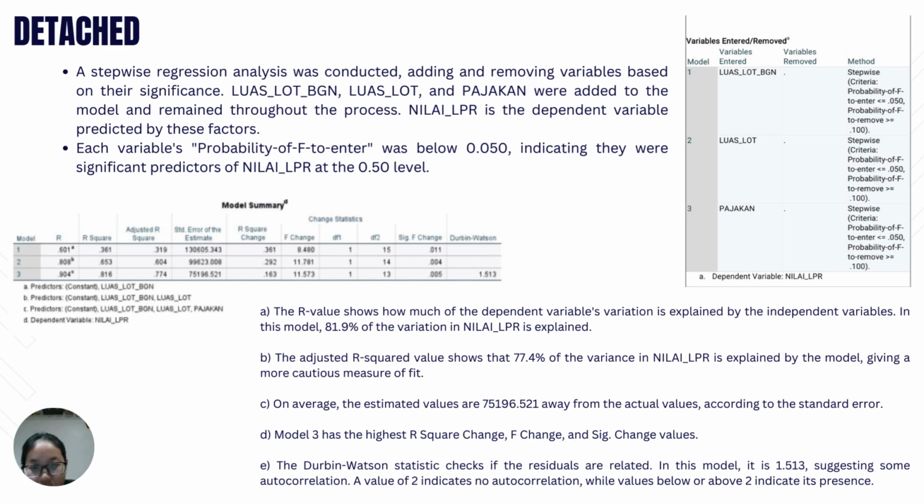The adjusted R-squared value shows that 77.4% of the variance in nilai LPR is explained by the model, giving a more cautious measure of it. On average, the estimated values are 0516.521 away from the actual value according to the standard error.